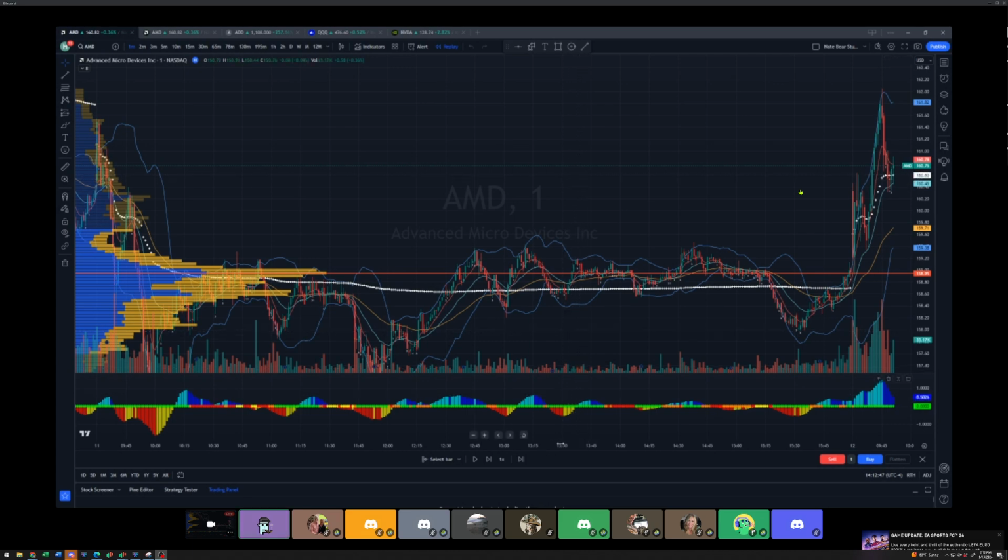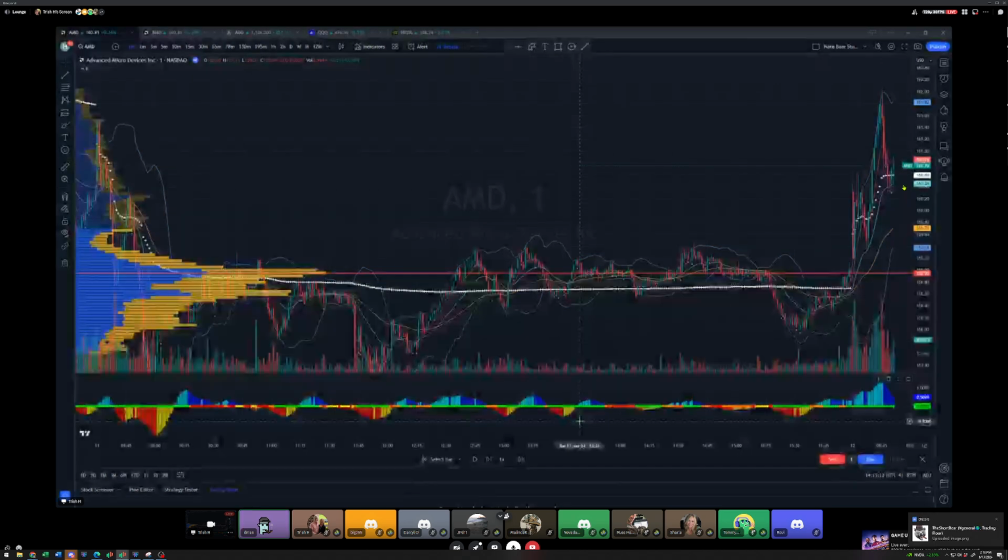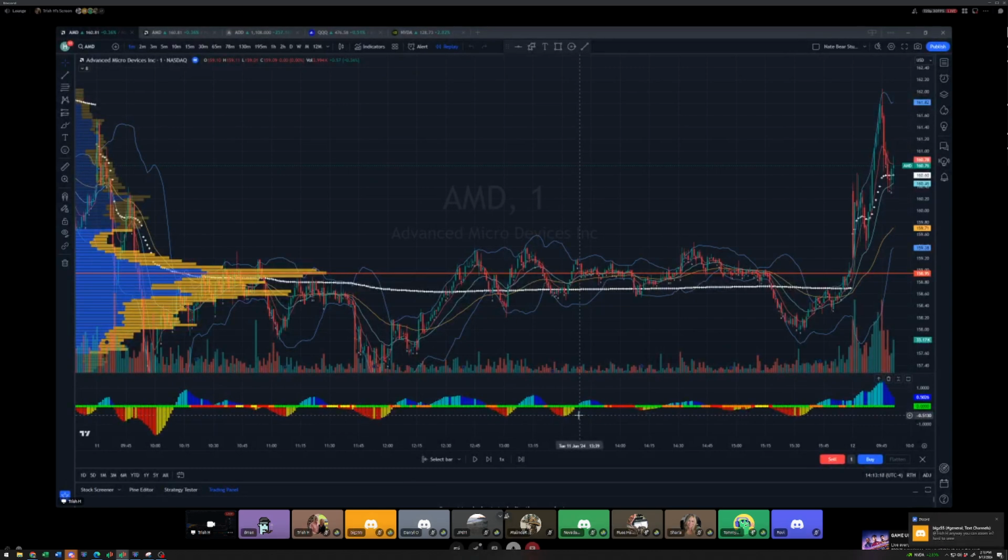And then you create a little W right here, and then you bounce back up to 162 for your double top, right? That's a W that can be put in right there. Well, what else can be put in right there? Well, it could also be an inverted head and shoulders, right? So let's say you bounce from here up to that 161 area, and then you get a pullback to 160.20, and you break the low. Well, then what's the next option?